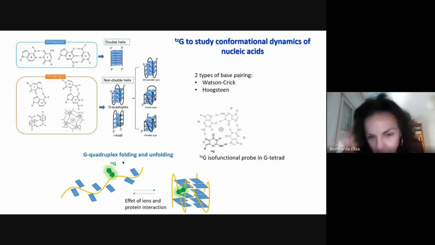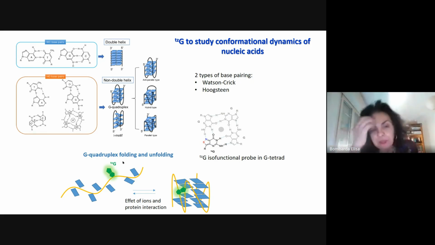Just for your information, we are actually making such a study with TAG in this position, and we have some results and some information can be obtained, but we realize that there are some stability problems that confirm that THG, the Thieno version, is not the ideal probe for such a study. And so we are hoping for the TCG when it will be ready.